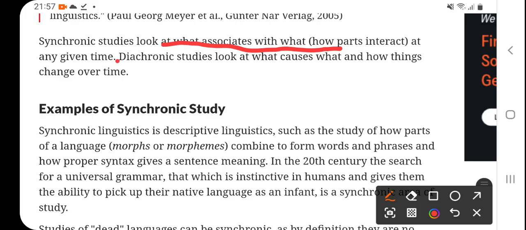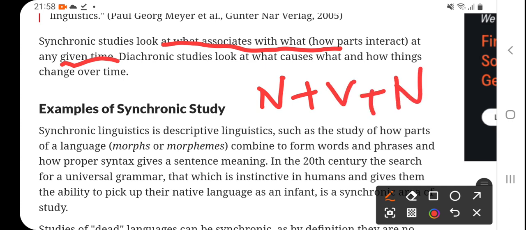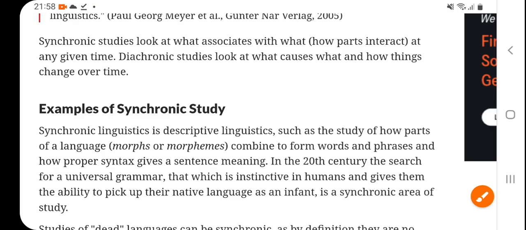For example, what associates with what means a noun, then a verb, and then a noun. So this is association. This is the study of synchronic linguistics at any given time.